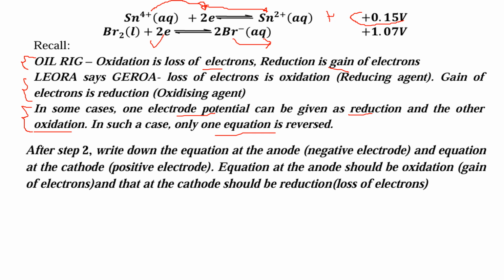The oxidation state must be decreasing as you move from your left hand side to your right hand side. That's how you recognize that this is a reduction equation. And if it's not the case, you reverse such an equation, and you also change the sign present on the EMF of that particular cell.